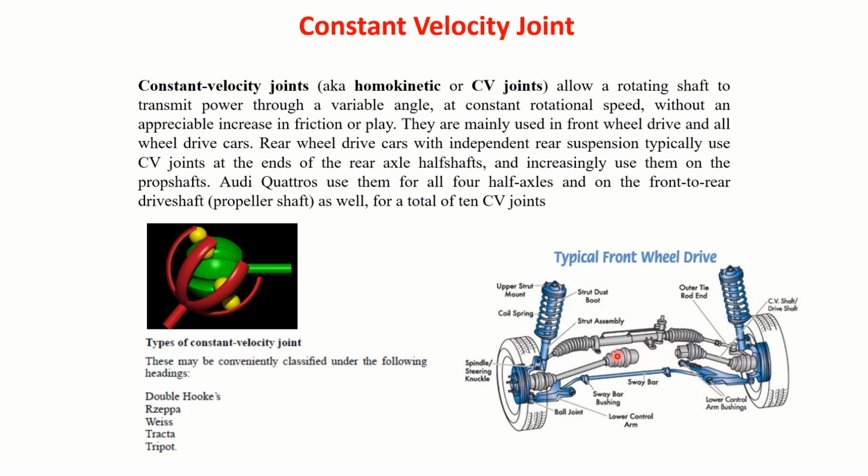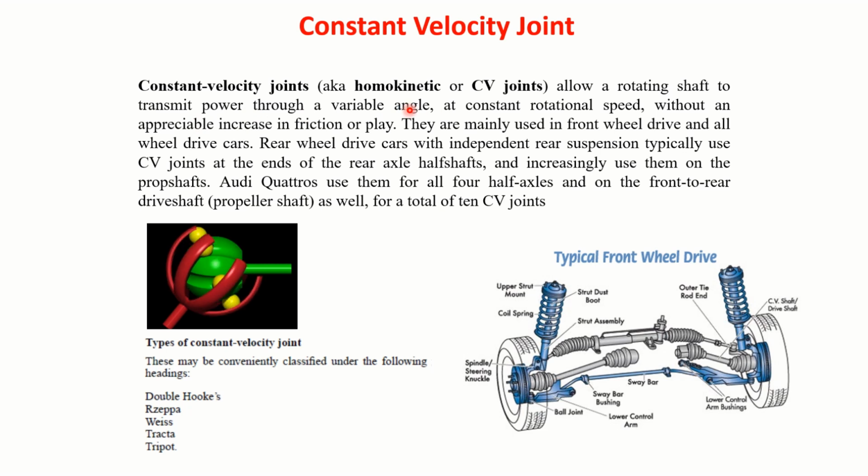Look here, these places will have constant velocity joints. We call them CV joints. You can observe over here, as it rotates, these balls will move and try to maintain constant R, so that the velocity is constant. There will not be any acceleration, so there will not be any jerky motion as such.